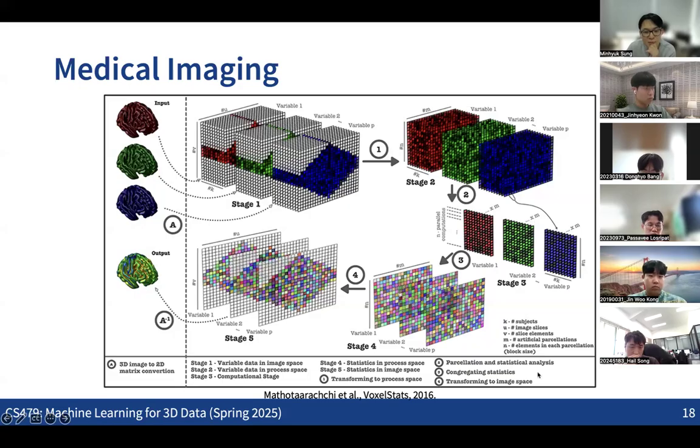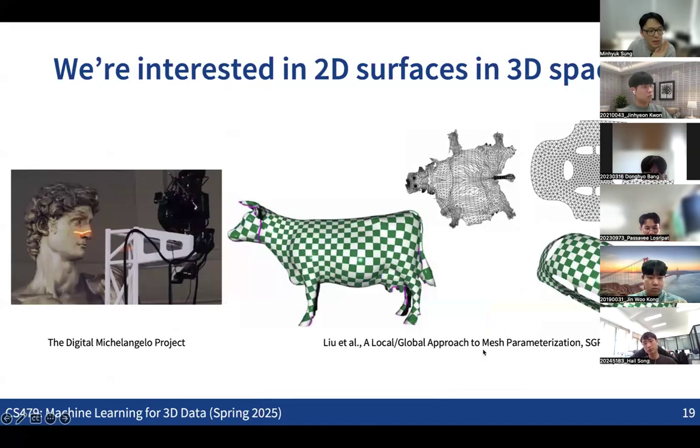Yeah, obviously one issue might be that it's computationally too expensive. But also, while there are some cases where we really need the volume information, for many other applications, especially when you acquire 3D information from 3D scans, or when you have 3D models, mostly we are interested not in the volume information, but in the surface information.